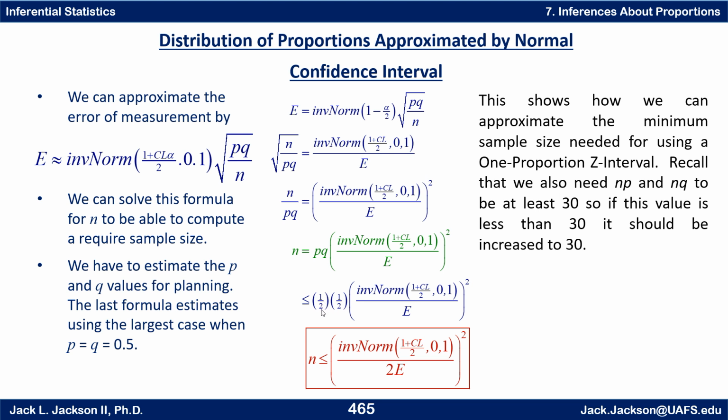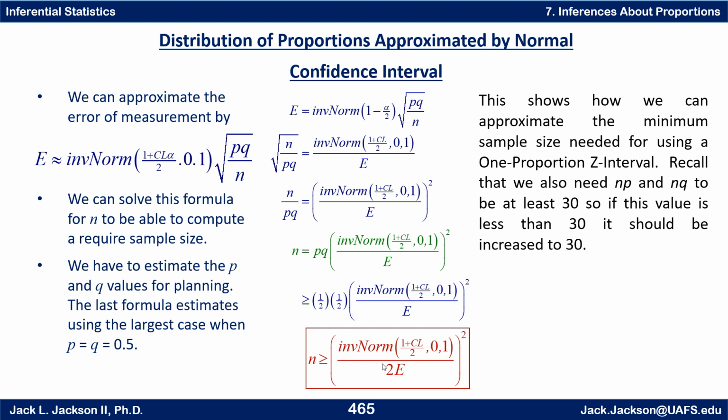So if we put in 1/2 here and here, that's 1/4. 1/4 is the square root of the square of 1/2. So this 2 here, when you square it, is equivalent to multiplying by this 1/2 and another 1/2.